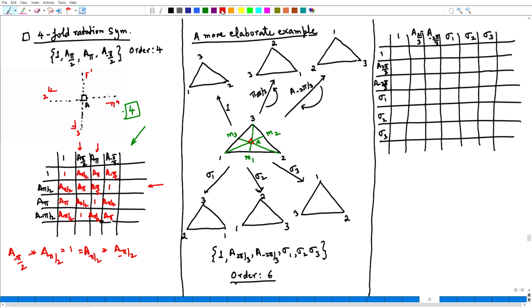And the first thing I do is fill the top row and the first column.